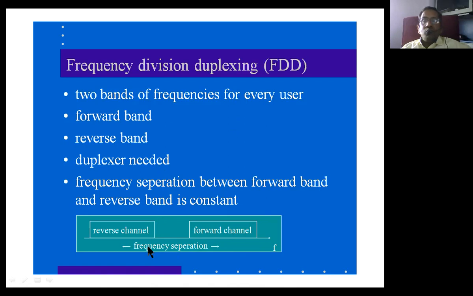A duplexer is a device, something like a switch, which connects to the forward channel when it receives the signal from the base station, and connects to the reverse channel when it transmits a signal to the base station. That is the basic need of a duplexer: to connect the appropriate channel to the mobile unit.